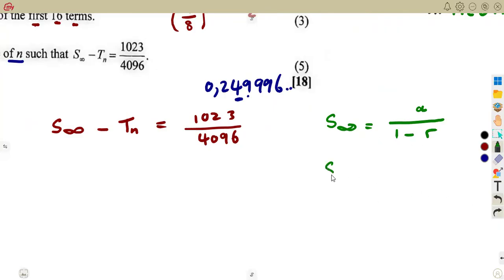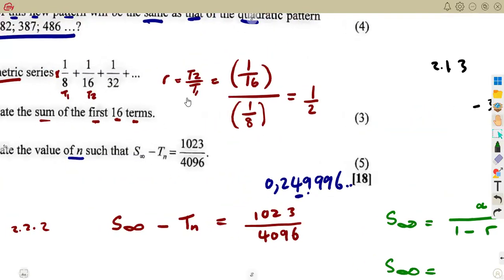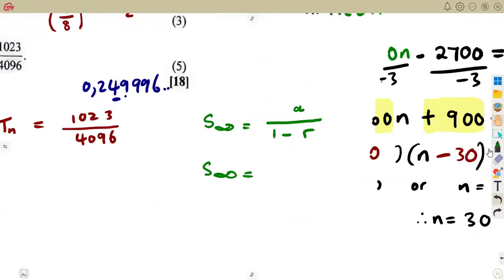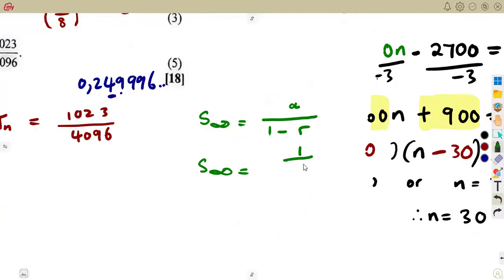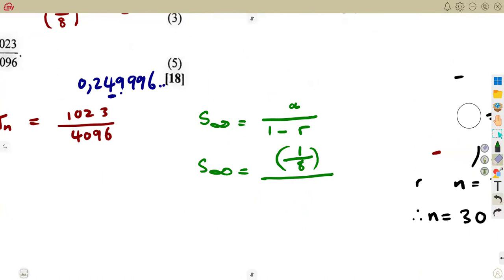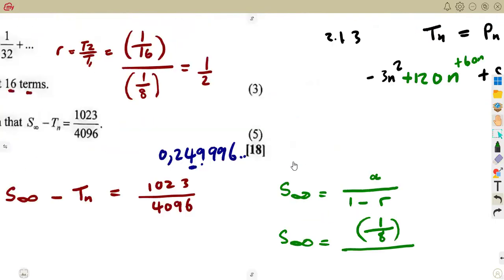Remember, A is our first term, which is 1/8 from our series. So that is 1/8, this is our A, everything over 1 minus R, which is our common ratio. Our common ratio was 1/2, we calculated this.